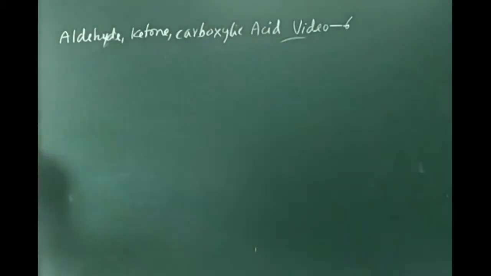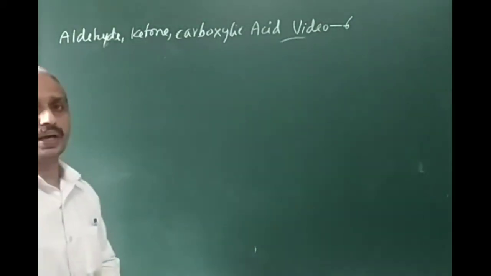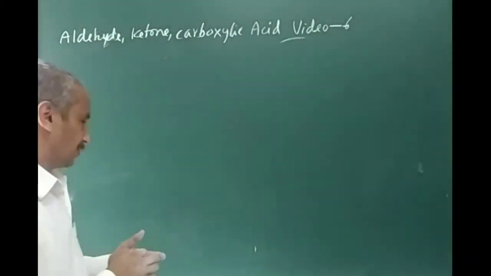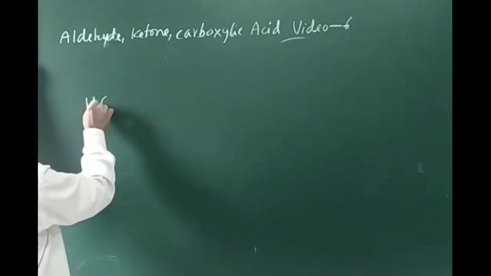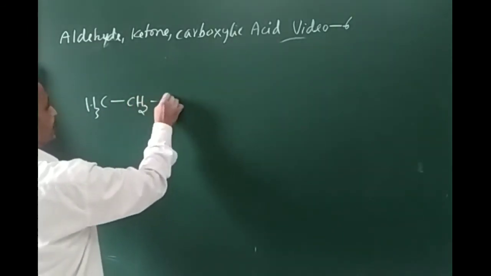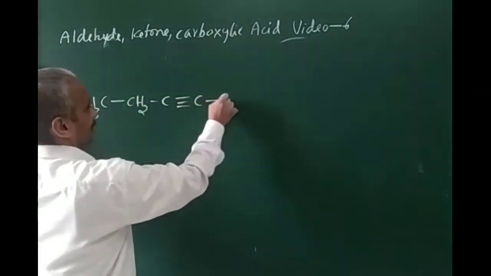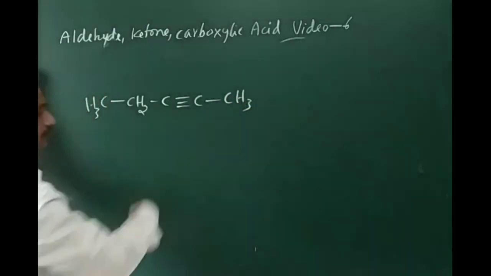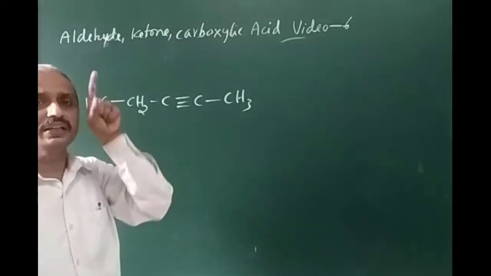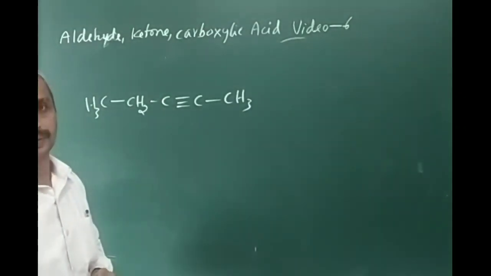Say, non-terminal alkynes are there. Non-terminal carbon triple bonds are there, like CH3, CH2, C, triple bond C, CH3. Here, this triple bond is not there on the terminal carbon.